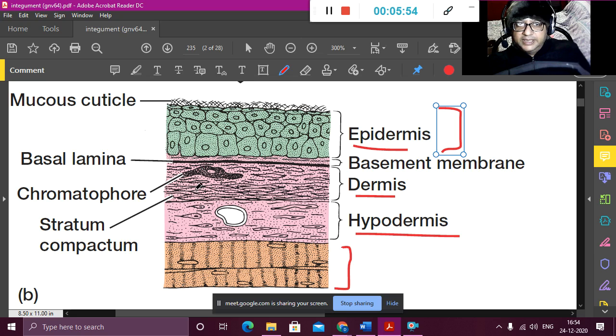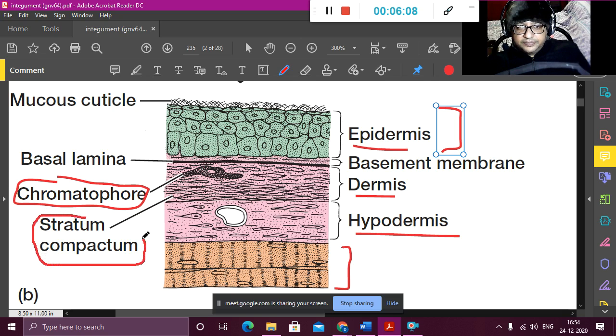Inside you find structures called chromatophores, which hold colors. Then this layer is known as the stratum compactum. Above that there can be a mucus cuticle. This is essentially the structure of skin.